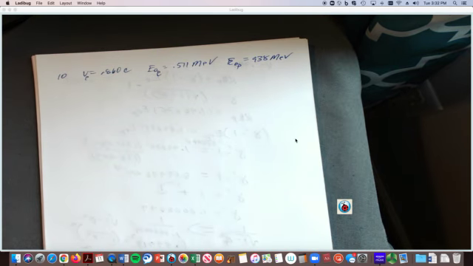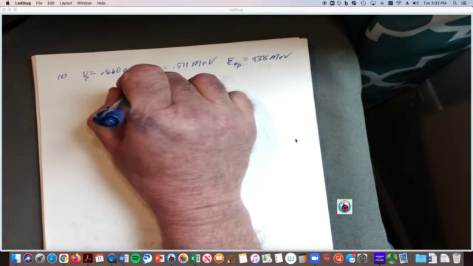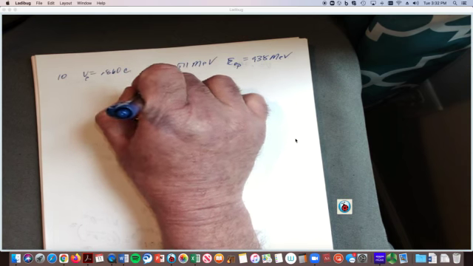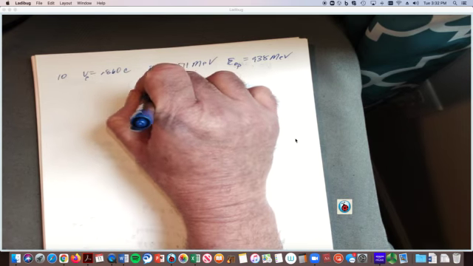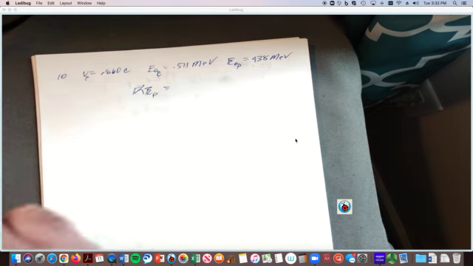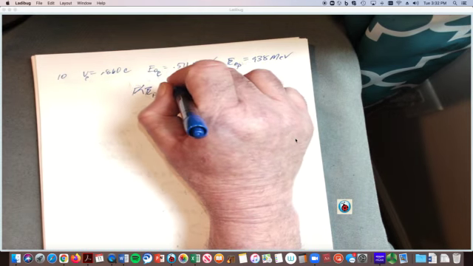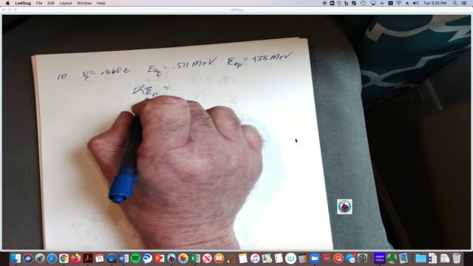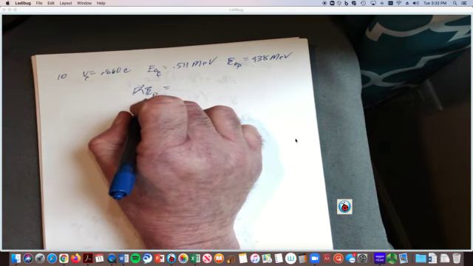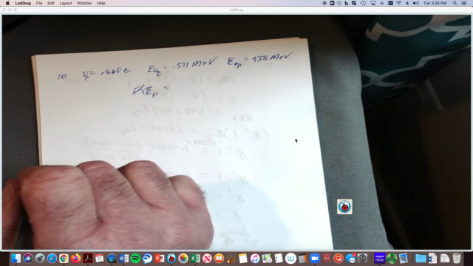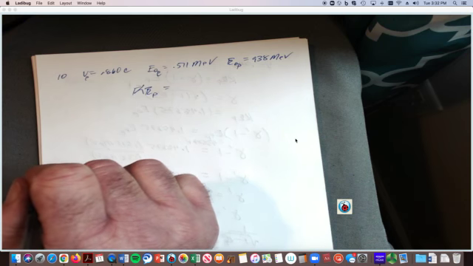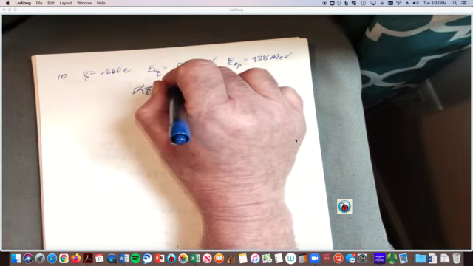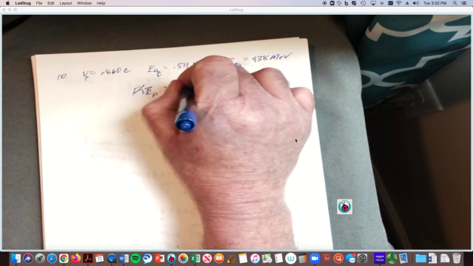We want to figure out what the proton's speed is when its kinetic energy is the same as the kinetic energy of the electron.